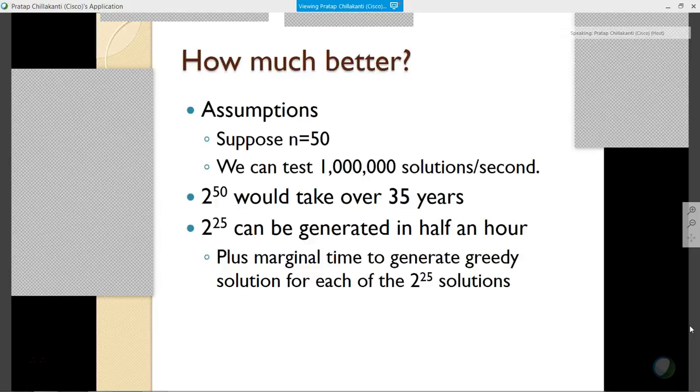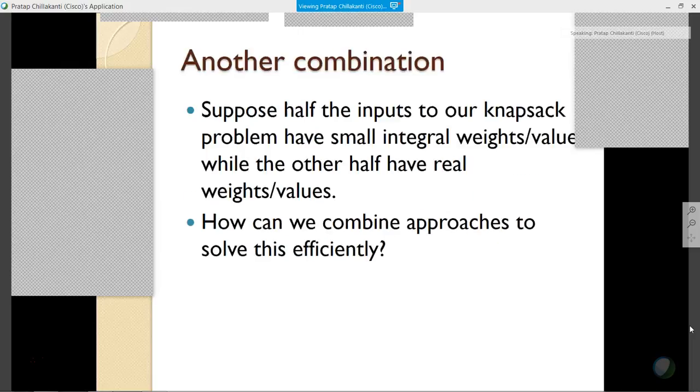I would choose half an hour over 35 years any day. So you have other combinations. If knapsack has integral weights or values, meaning integer numbers, while the other half have real-valued weights, if they're integral values, I can use dynamic programming techniques, and for the other I can use brute force.